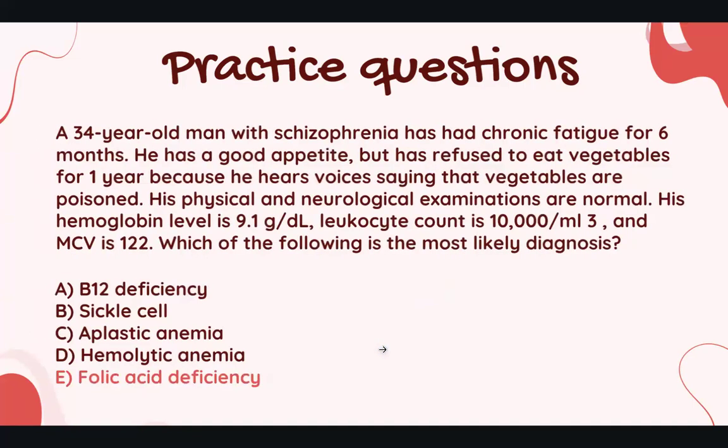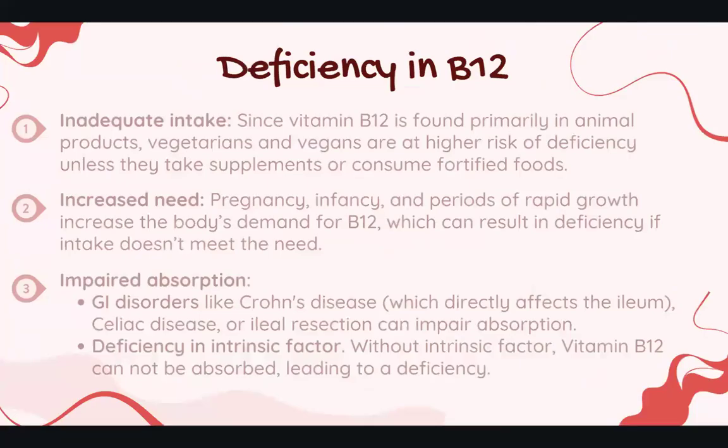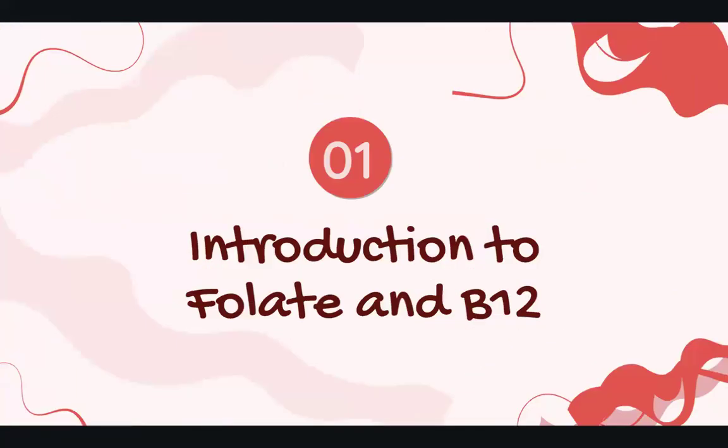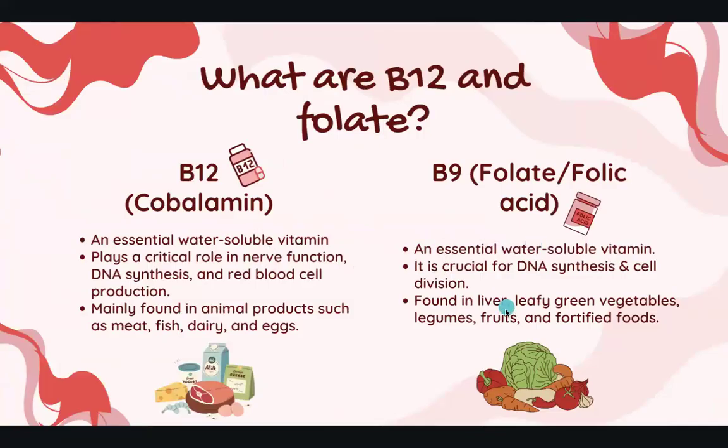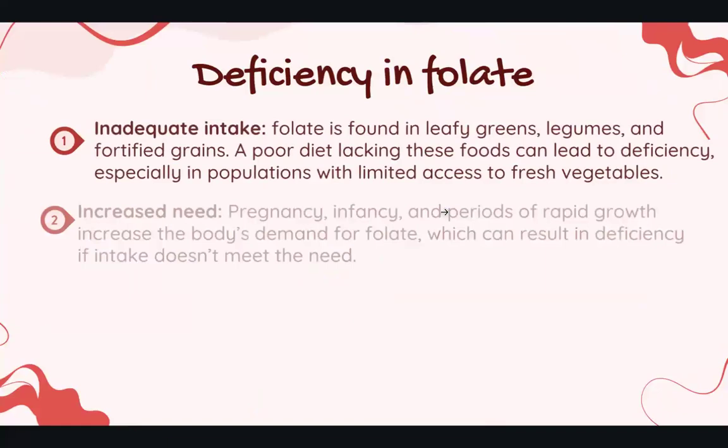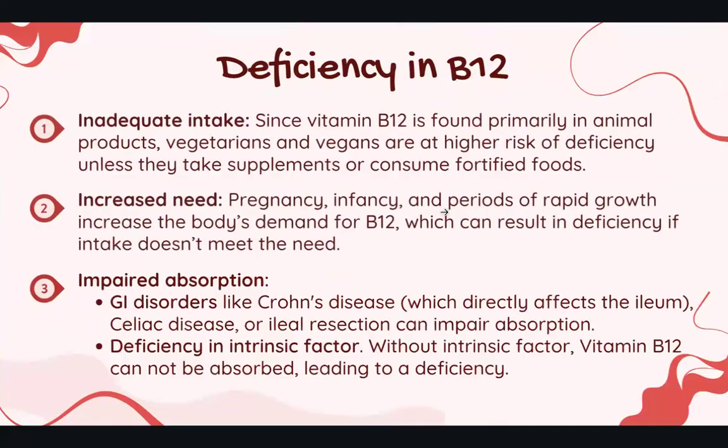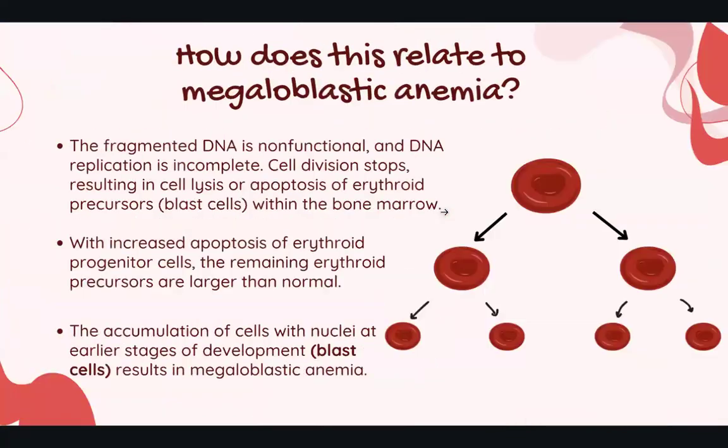The answer is A. As Lean said, because they are not consuming veggies, which is where we get our folate from. I'll go back to the slide so you guys can check. Here, you can see that you get folate from leafy green vegetables, fruits, and fortified foods. And this is why, because they were not consuming vegetables, they had a deficiency in folate and not in B12.